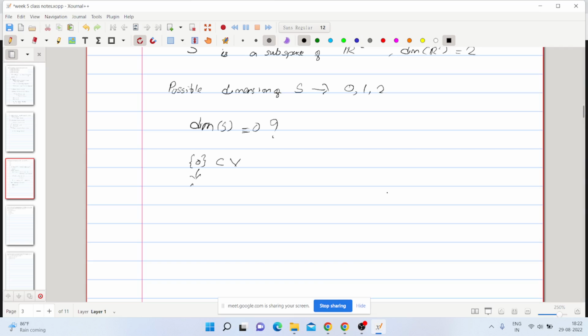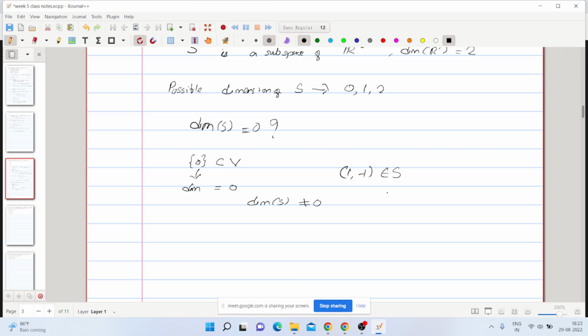In this case only we can say the dimension is 0. If there is a non-zero element, of course the dimension will not be 0. Here in S we already have (1, -1) in S, so the dimension of S is not equal to 0, because there is a non-trivial element. A non-trivial element means at least one element will be in the basis. So the dimension of S cannot be 0.